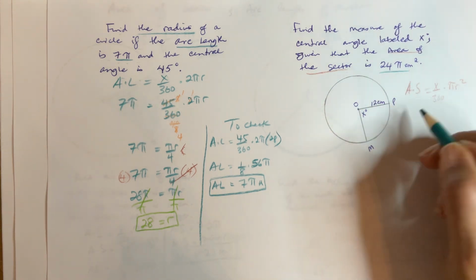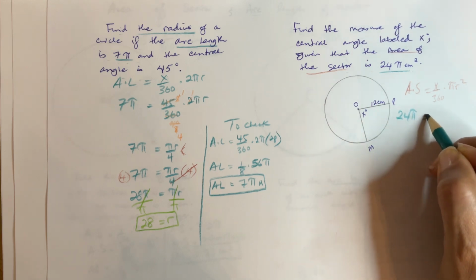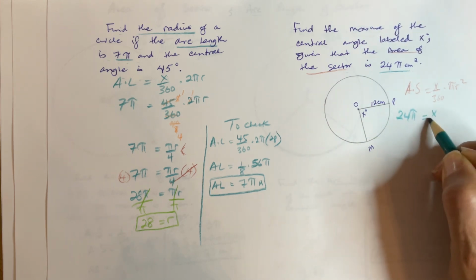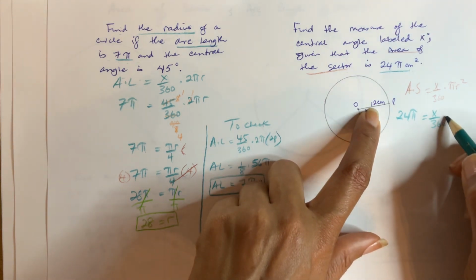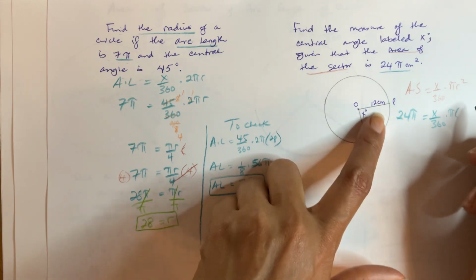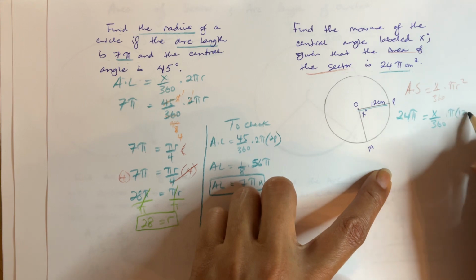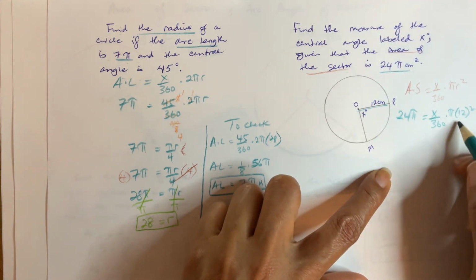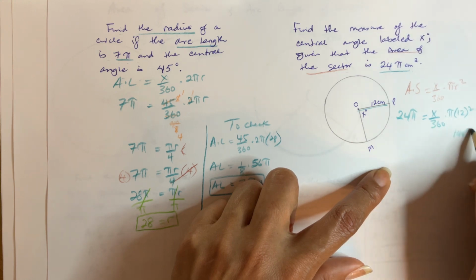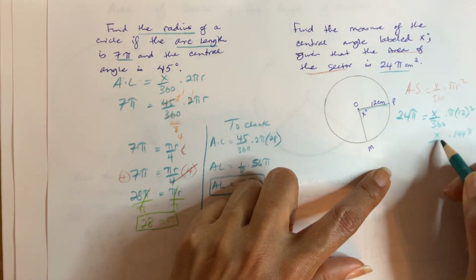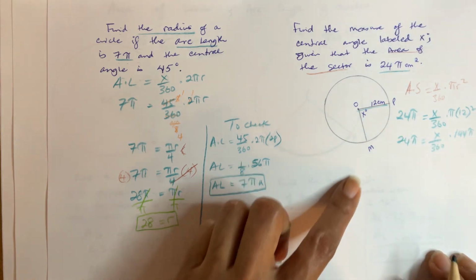We're given the area of the sector, which is 24 pi, equals x over 360, which we don't know, and looking at the diagram, the radius is 12 centimeters. 12 squared is 144. So it's 144 pi times x over 360 equals 24 pi.